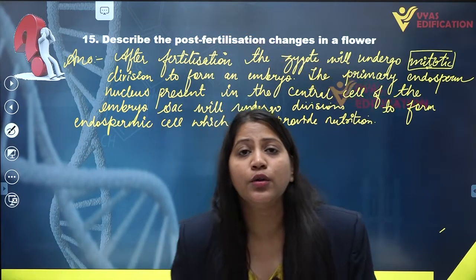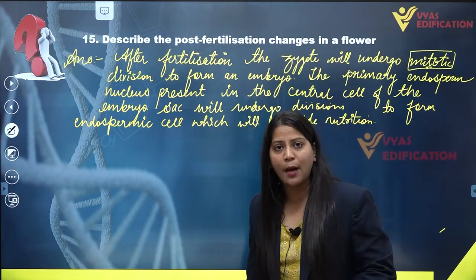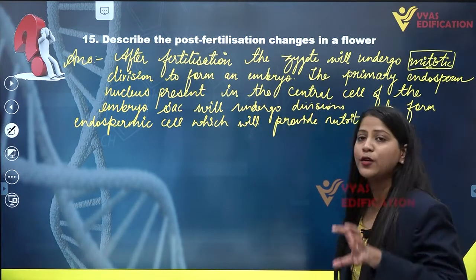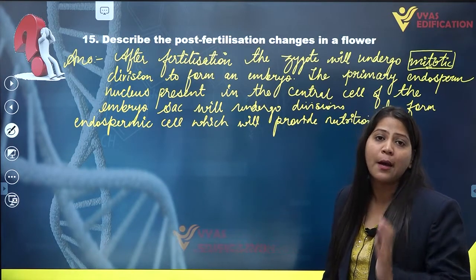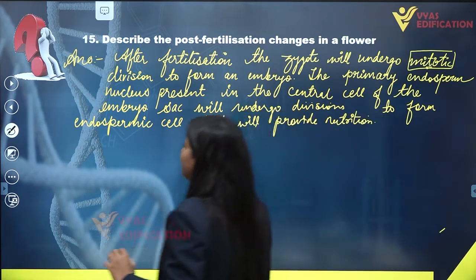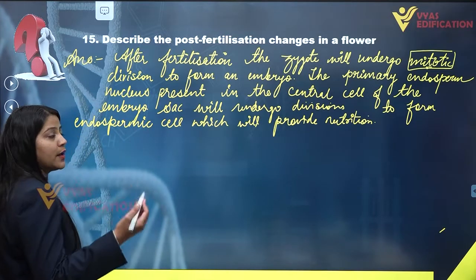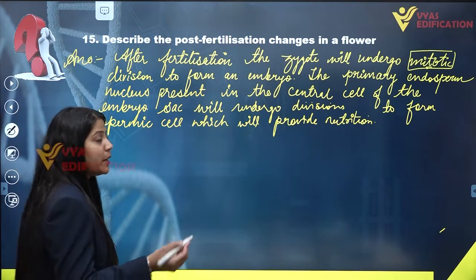So the nutrition provided to the developing embryo will be coming from the endospermic cells present inside the central cell of the embryo sac. Along with this, what are the changes occurring after the fertilization in angiospermic plants?